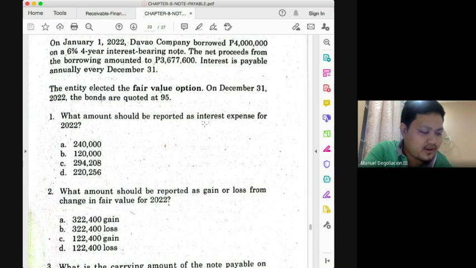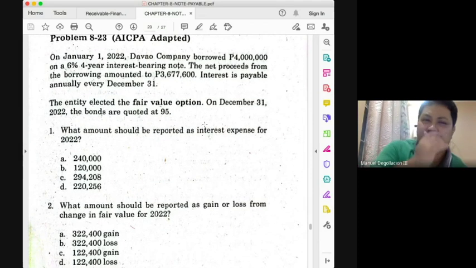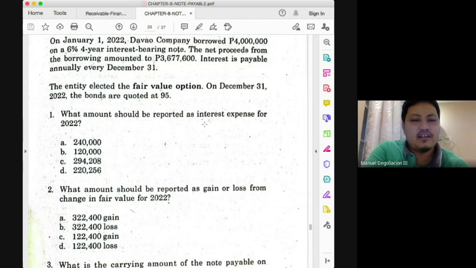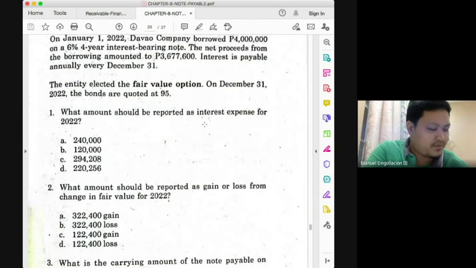Again, under the fair value option, interest expense is simply based on the face value of the note. Since the face value of the note is 4 million and the stated rate is 6%, you multiply 6% with 4 million, you would get 240,000.